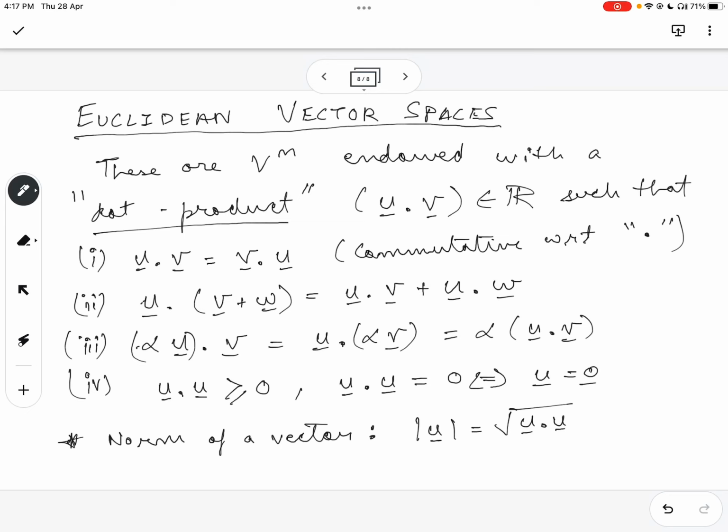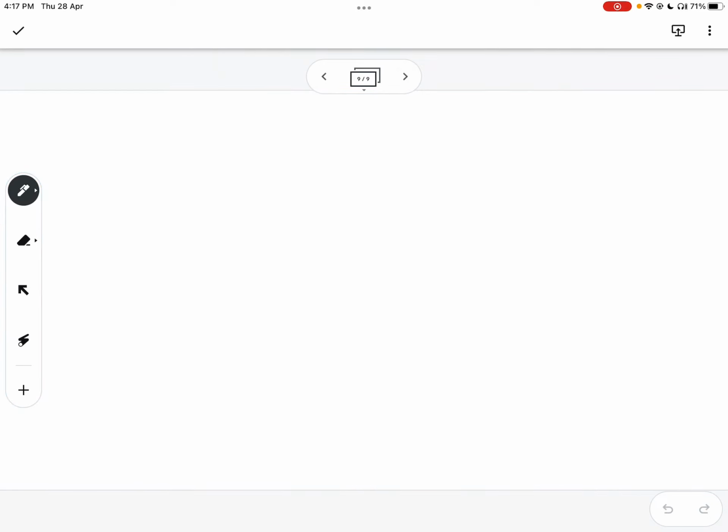So it's the notion of length of a vector, the magnitude of a vector. So we say that a given vector u is a unit vector if its norm is 1.